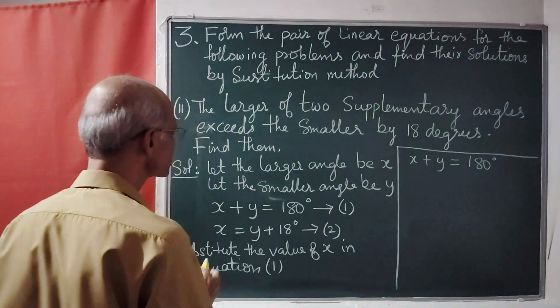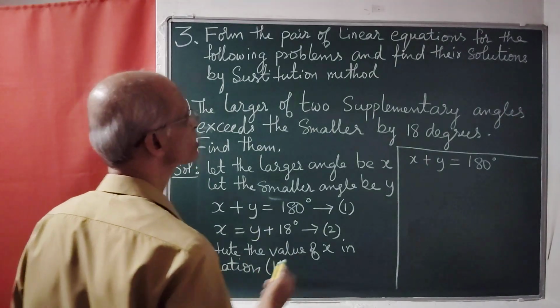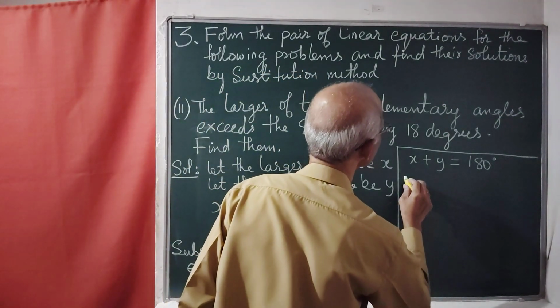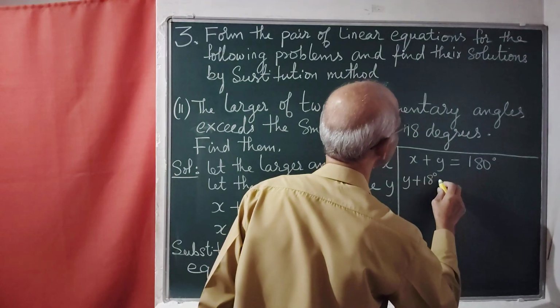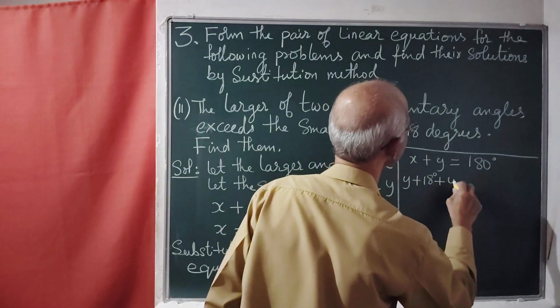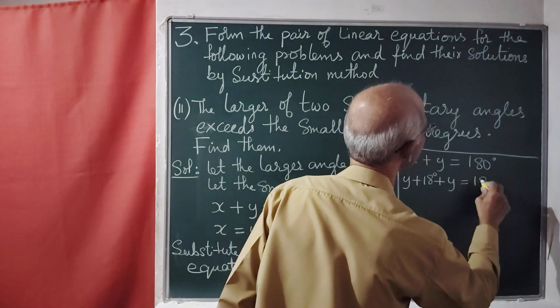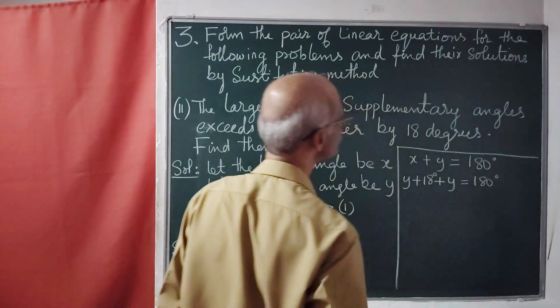So the value of x is y plus 18. So y plus 18 degrees plus y is equal to 180 degrees.